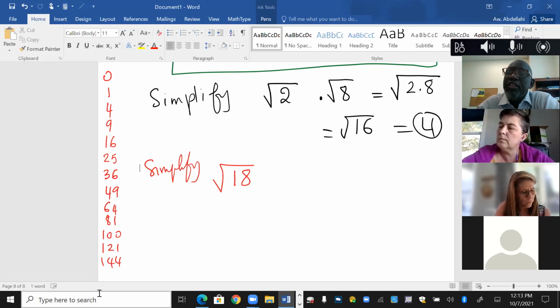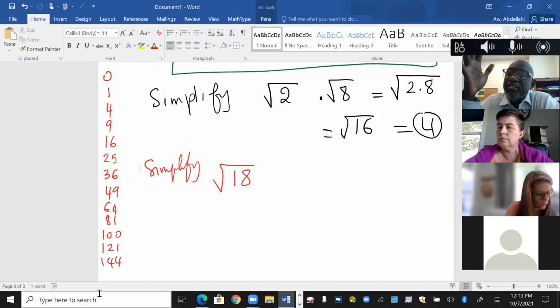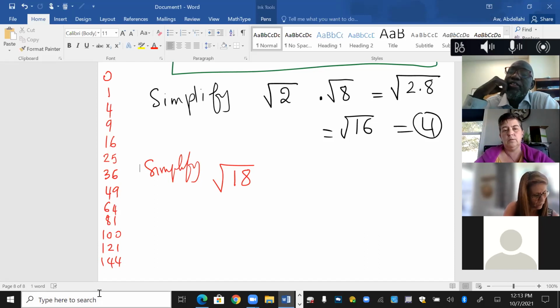But you're asking me to simplify. Can I break down 18 as a multiplication of a perfect square and another number? Is that possible? If I think about it, 18 is what times what? 9 times 2. Why don't we say 18 is 3 times 6?